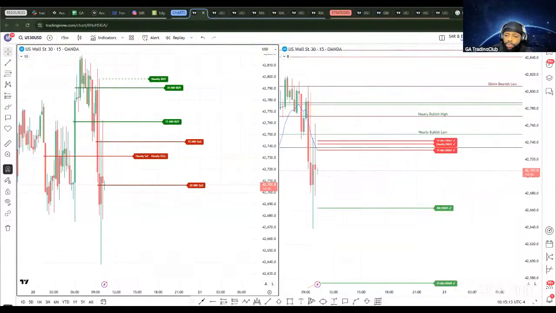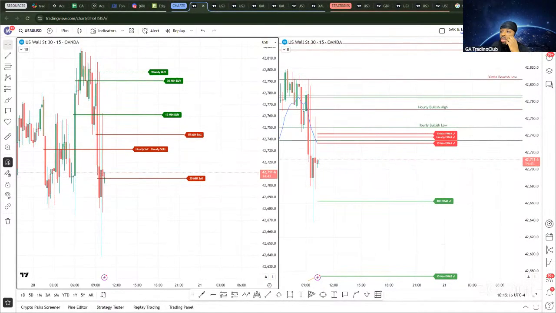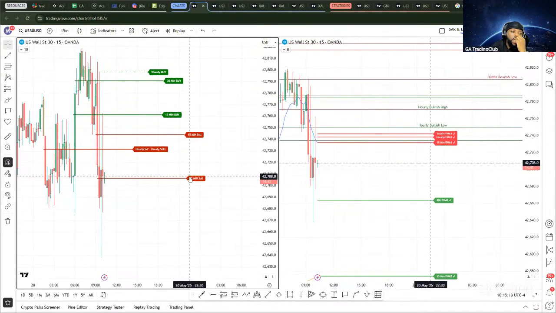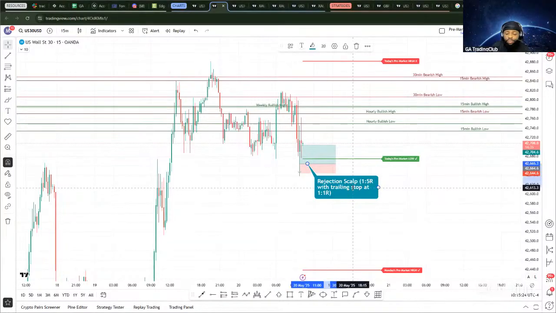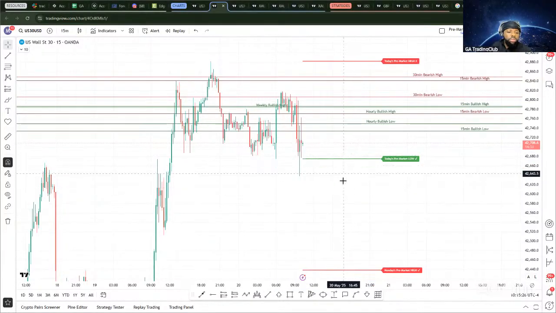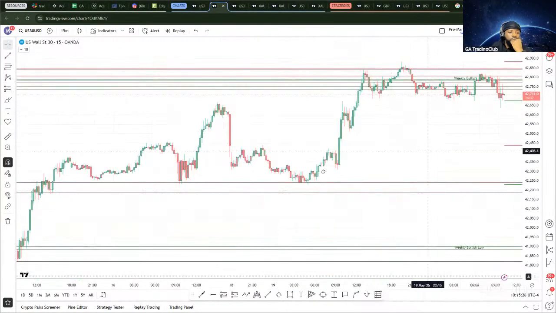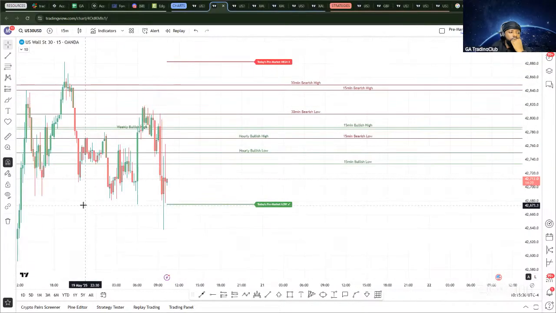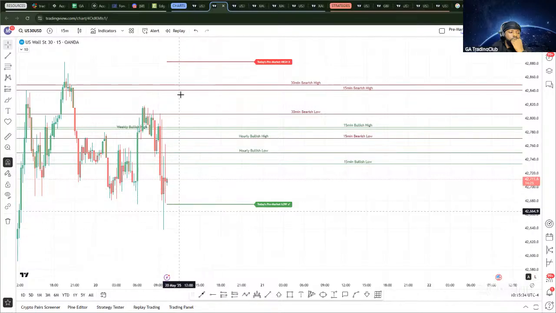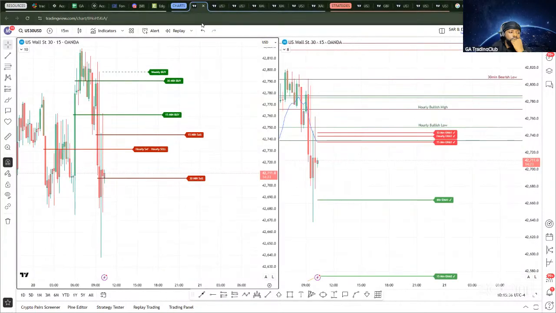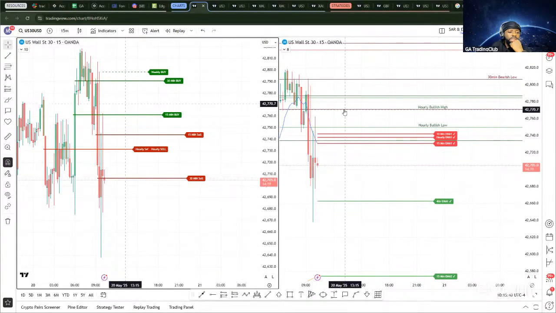All right, so at this point, we just wait to see if we get any other trade. All EMAs have been retested.